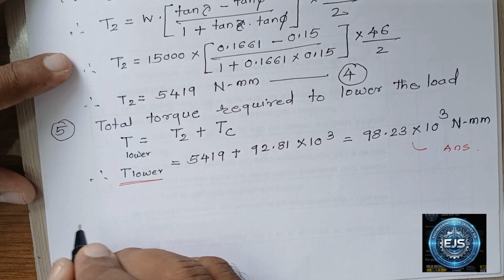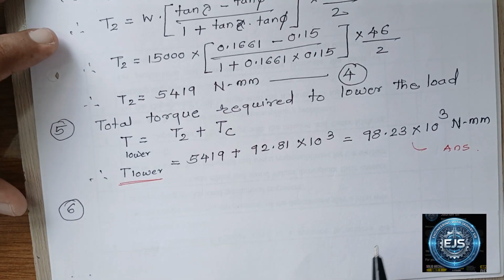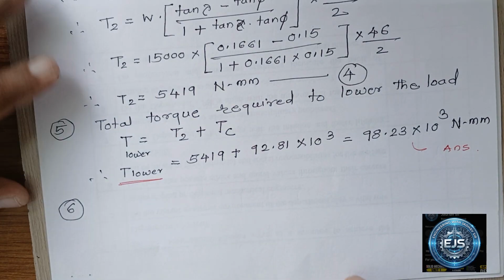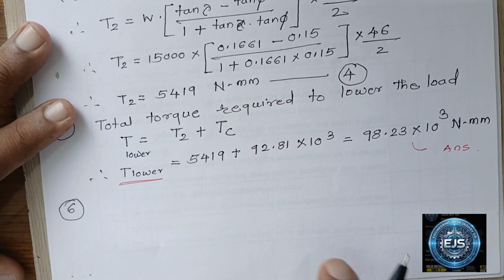Now the last answer that we have to calculate. Three answers we have to calculate: total torque required to raise the load, total torque required to lower the load, and force required to raise the load at a radius of 500 mm.